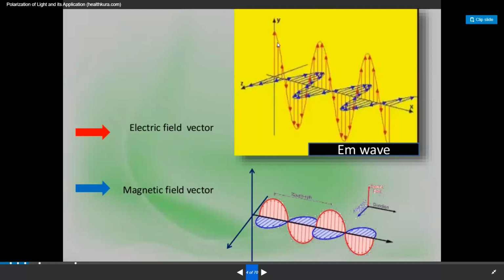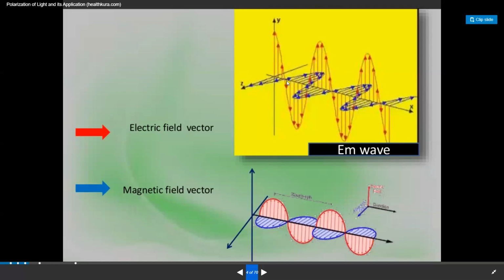The red color indicates the electric vector vibrations and the blue color indicates the magnetic vector vibrations. The electric vector vibrations are along the y-axis, whereas the magnetic field vector vibrations are along the z-axis.